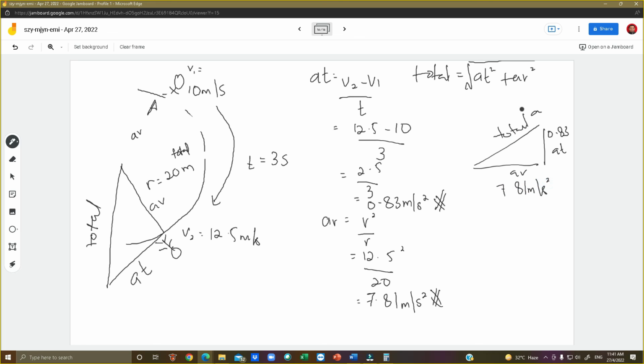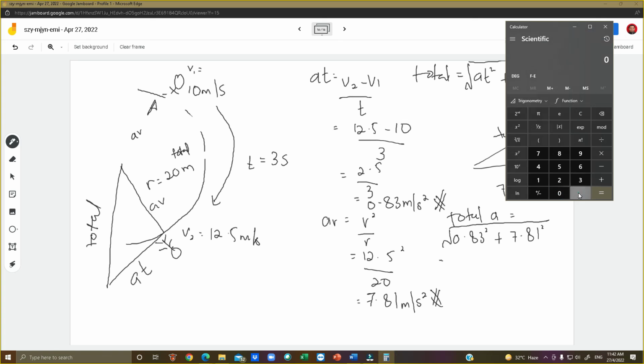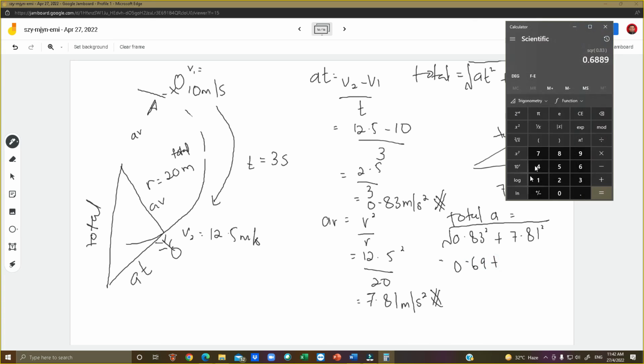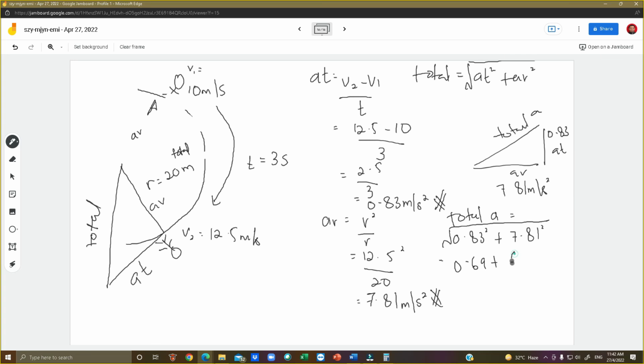So kita dah boleh carilah total acceleration. Total A equals to square root of 0.83 square plus 7.81 square. 0.83 square, 0.69. Plus 7.81 square, 60.61 lah.